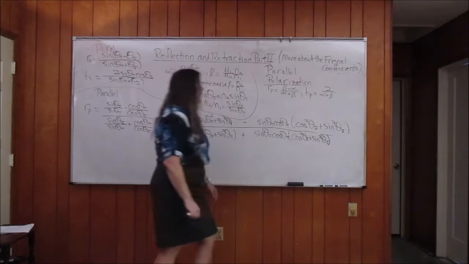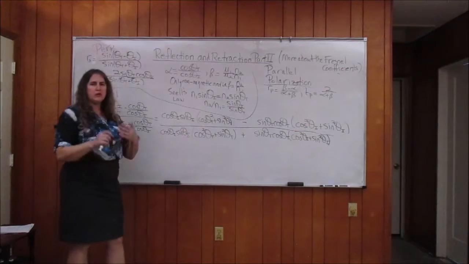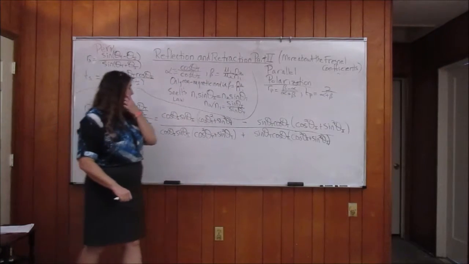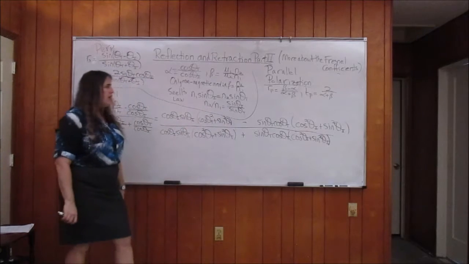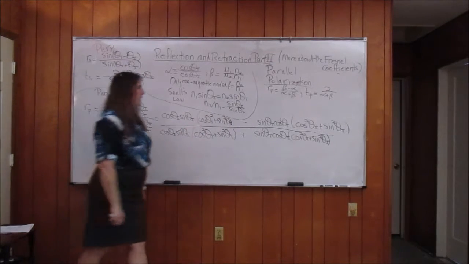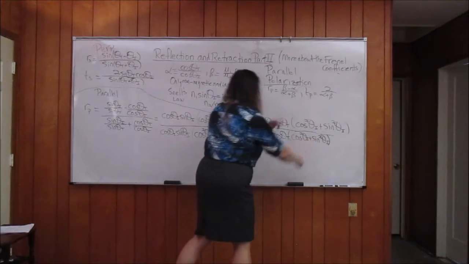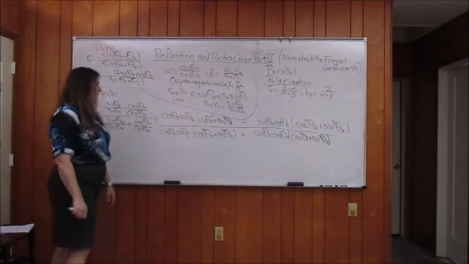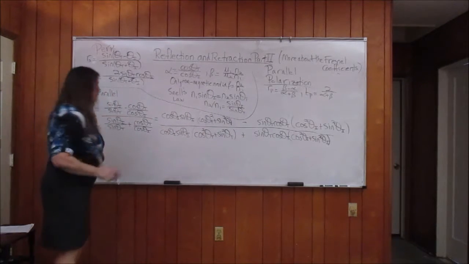Then the other term as well, but instead in terms of theta I. So we have cosine squared theta I plus sine squared theta I up here, and also in the denominator. So multiply everything out, do the math.